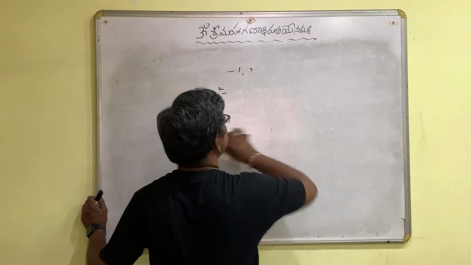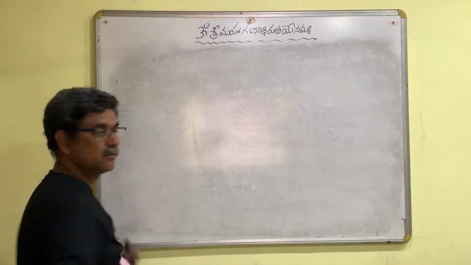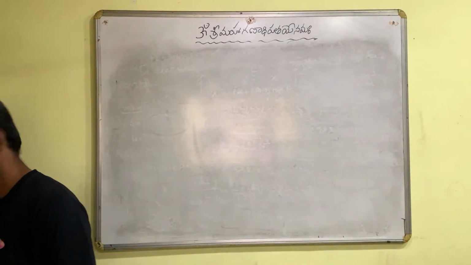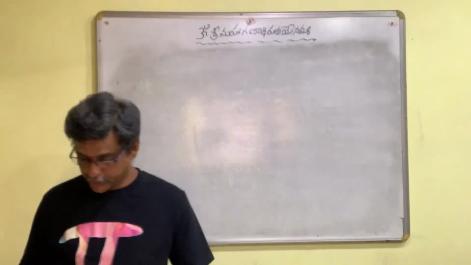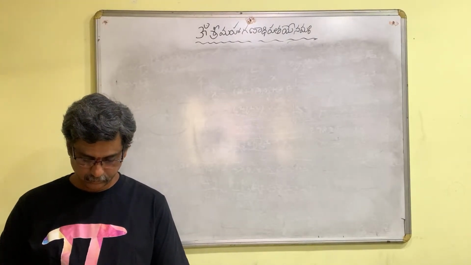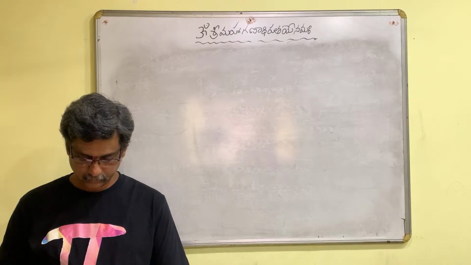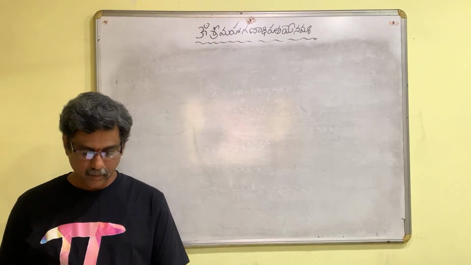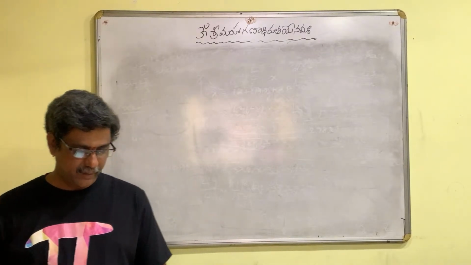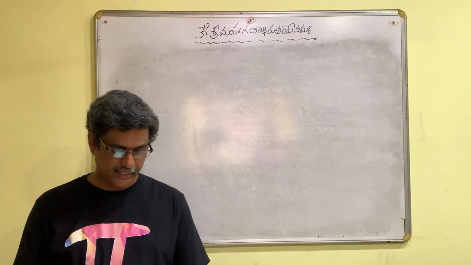Now see the next question, children. Find the zeros of the quadratic polynomial 4x square minus 6x and verify the relation between zeros and coefficients.